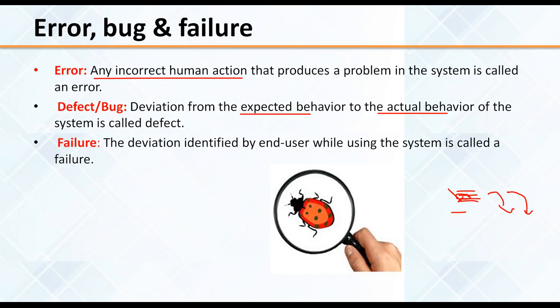Once we have installed the software in the customer environment, they start using it and find some mismatch, or the application or product is not working according to their expectation, and there we call it a failure. So these are the three terms which we need to use in three different situations. Error belongs to programming.